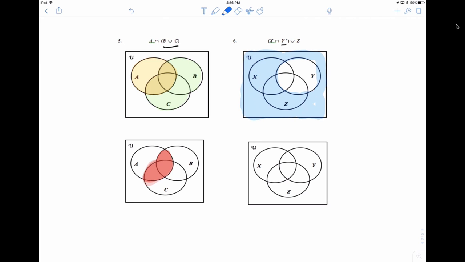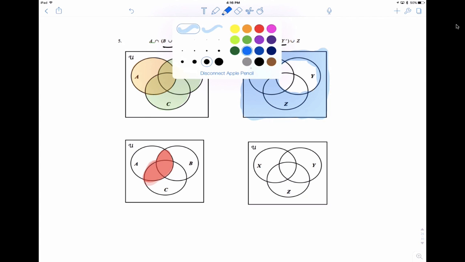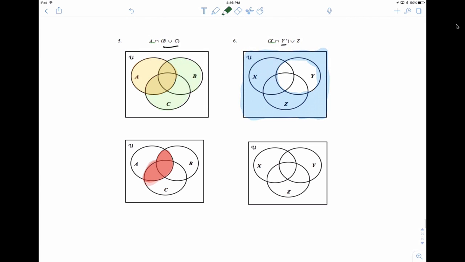Isn't that nice? So there's not y, more or less. Now we're looking for x intersecting with it. So x intersecting with not y will be all that is x, and is also what we just shaded.